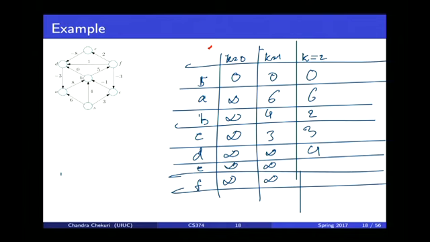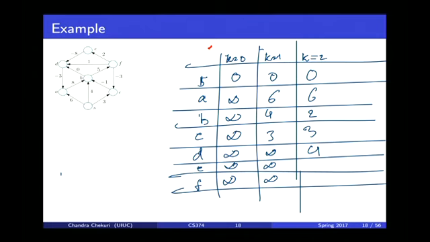Is the recursion clear? What is dB2? I mean, the distance to D using at most 2 edges. It's either the distance using at most 1 edge, which we already know is infinity, or the min of that and I look at all the incoming edges. If I want a walk from S to D using 2 edges, I look at the previous vertex I could come from, and that walk must have at most 1 edge.